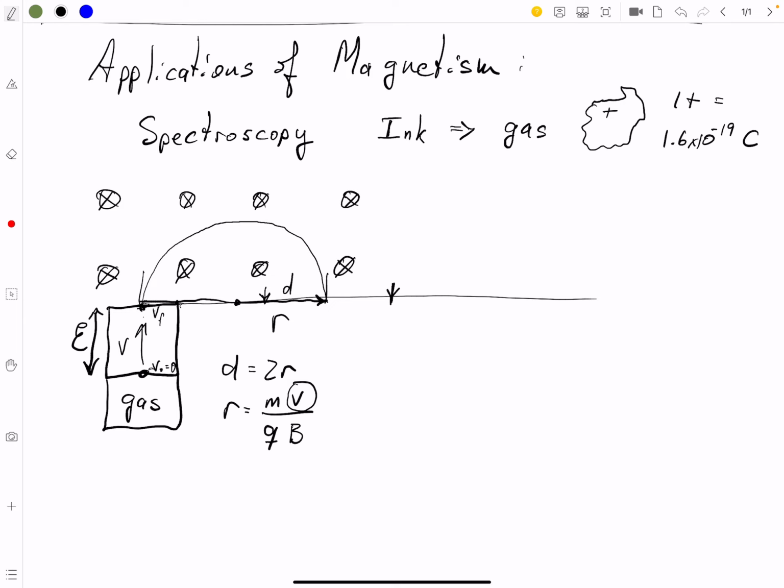That's where that comes in, depending on where your particles hit. They have a different mass. So you can say, oh, well, a certain mass molecule or atom has a certain radius. So that's one example.